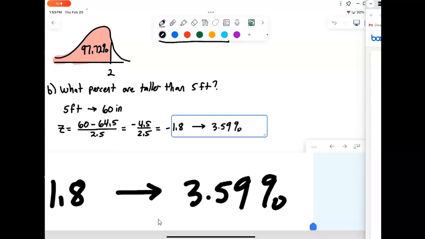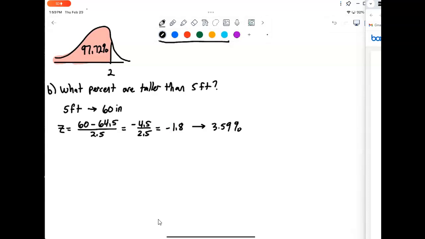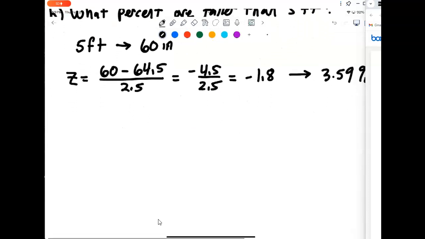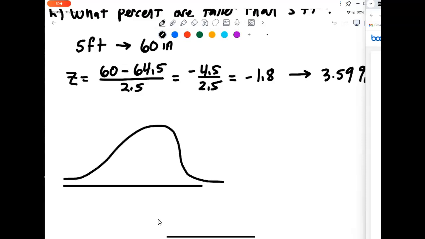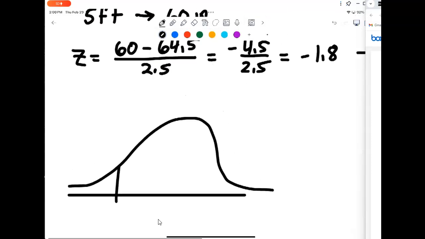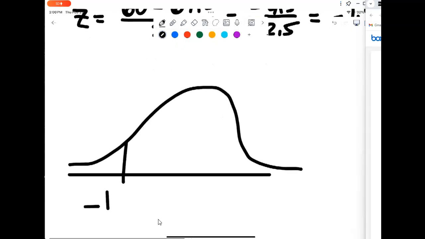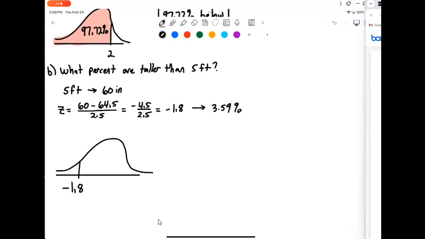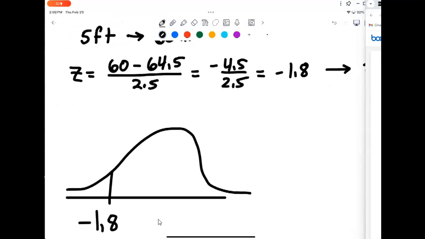But remember, the chart tells us the percent below. So if we were looking at our picture here, and this was our z-value of negative 1.8, the chart's telling us that 3.59% are below that.